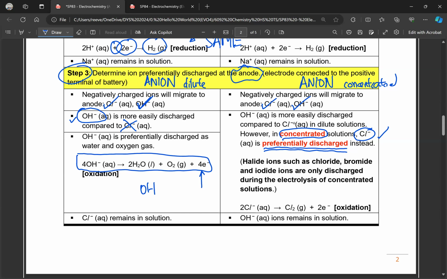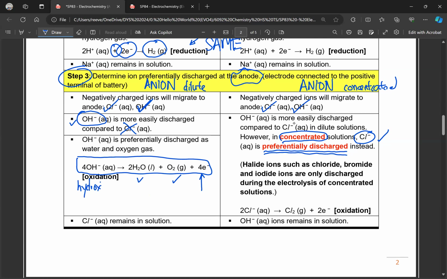So the 4OH- will go to the anode because the anode attracts the anion. Then you'll form water, oxygen, as well as electrons. This electron will pass all the way to the cathode. That is definitely what happens when hydroxide goes over to the anode.